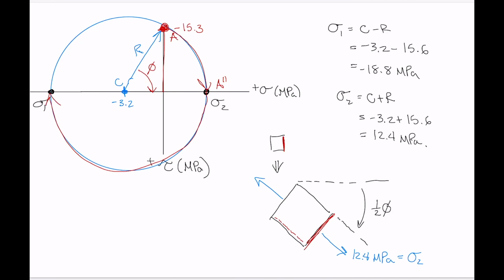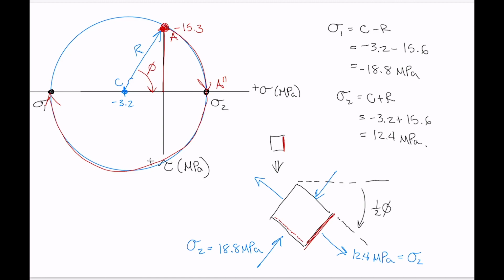So sigma 1 is the stress on the other side, and that's a compressive stress with a value of 18.8 megapascals. And remember, when you have an element that's in a state of principal stresses, shear stress is 0, because both of these points, sigma 1 and sigma 2, have shear stress coordinates of 0.